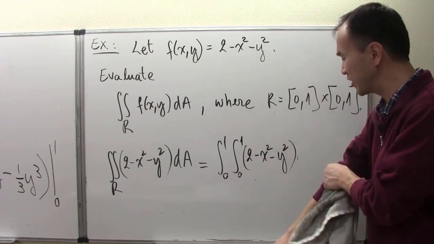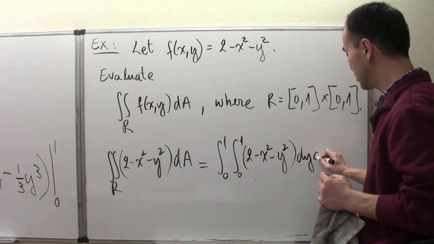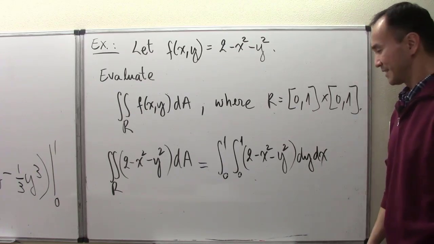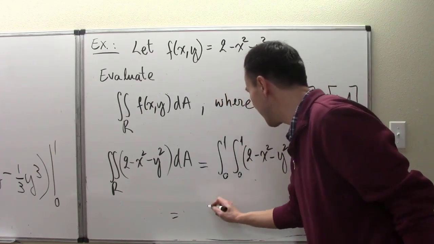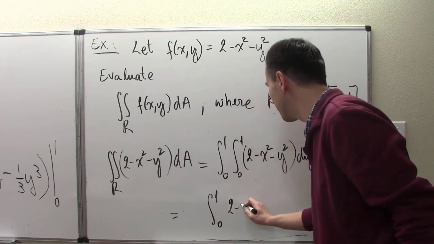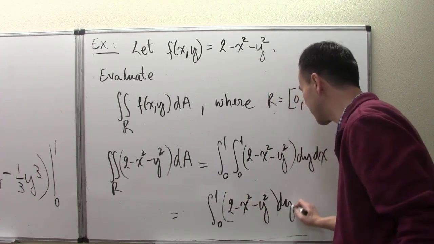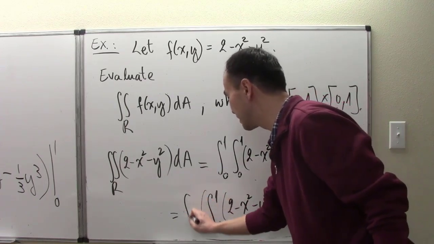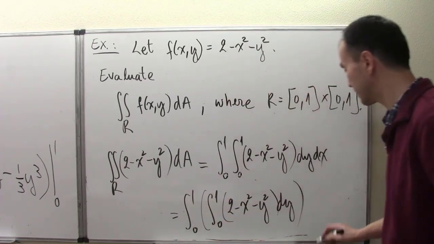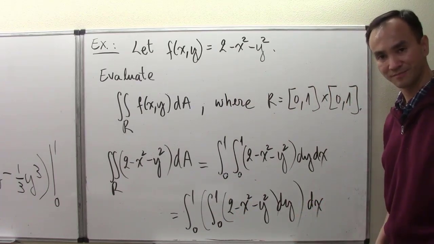So when you're doing your work, you don't have to do both. Just one is good enough. You can go dy dx. And that means you're going to integrate from 0 to 1 of 2 minus x squared minus y squared with respect to y first. Whatever that outcome will be, you're going to integrate again from 0 to 1 along the x-axis. That's how it is.